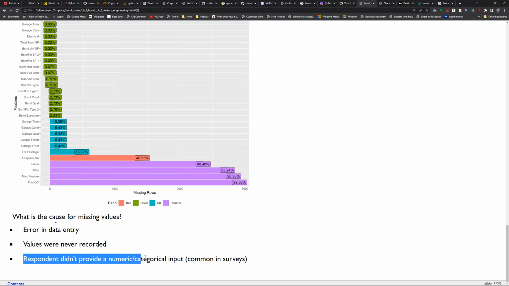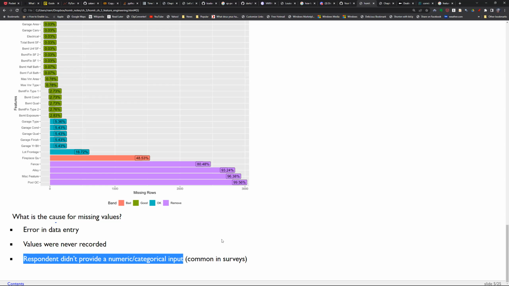We discussed that some respondents did not provide a numerical or categorical input. For example, if you ask people, do you smoke? Probably people will say that's not your business. They don't give you a yes or a no. So you have to be very creative in terms of what questions in a survey you're going to ask a certain population and how you can derive certain information from it.